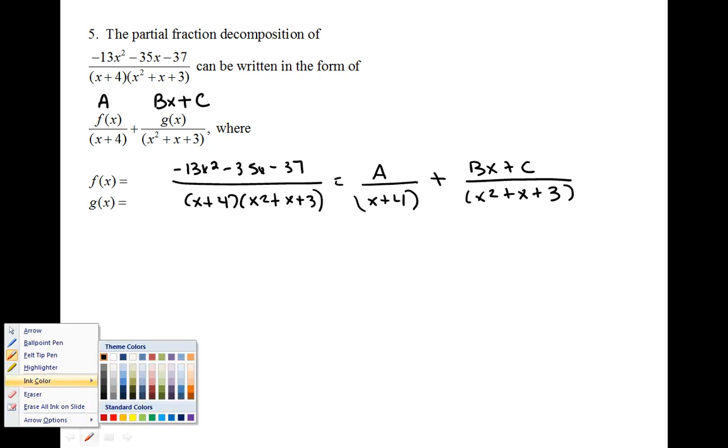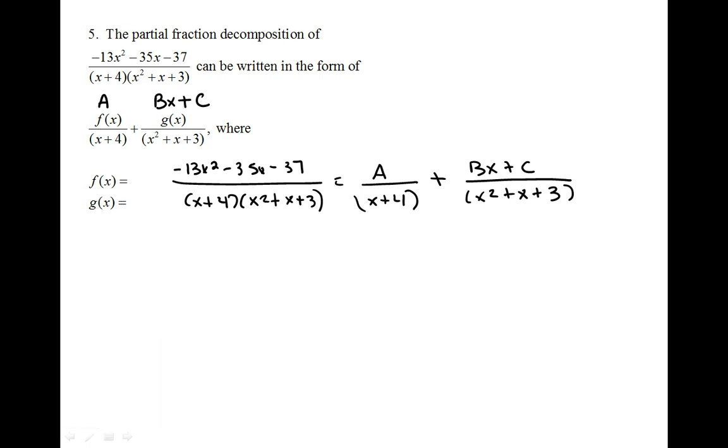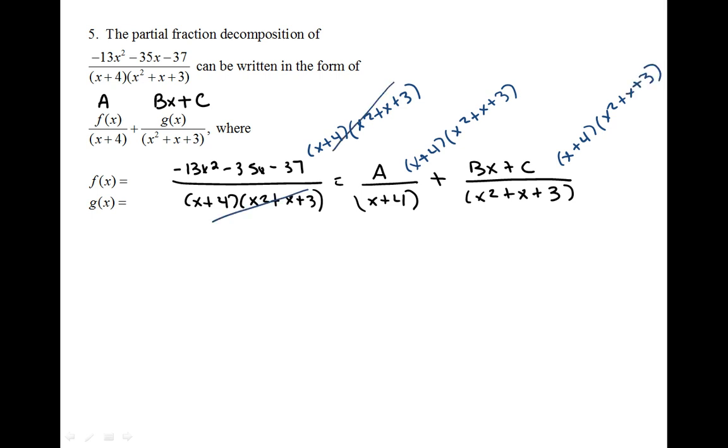Let's multiply everything by the least common denominator, x plus 4, multiplied by x squared plus x plus 3. This cancels with all of that.